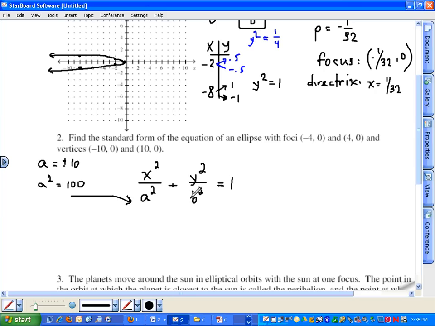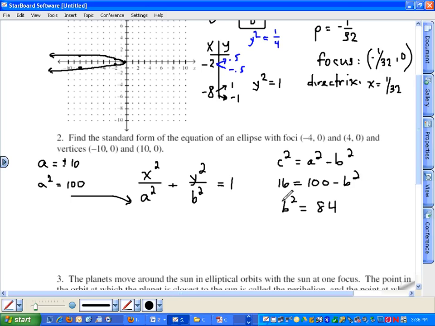Now to find b squared, we need to use the foci and the vertices, and remember the formula c squared equals a squared minus b squared. a squared is 100, and c squared is going to be 16, so 16 equals 100 minus b squared. If you subtract 100 and manipulate this equation, you're going to get b squared is equal to 84.